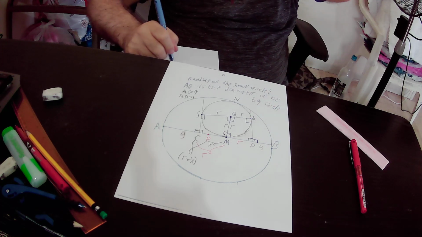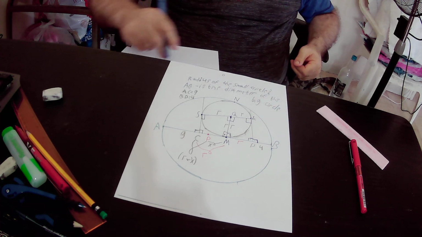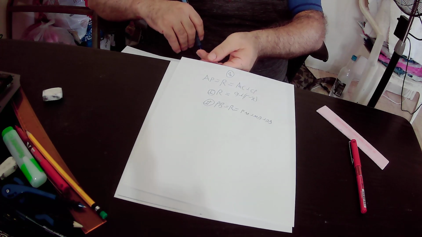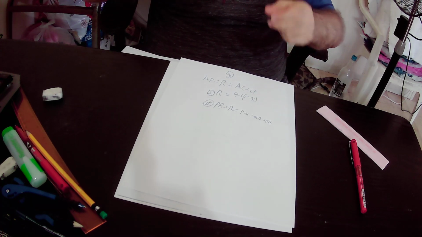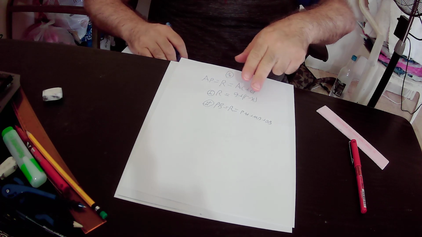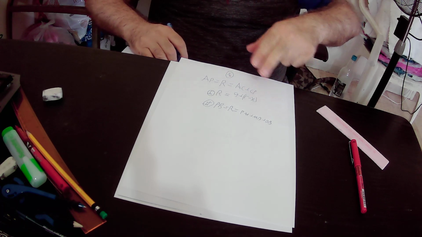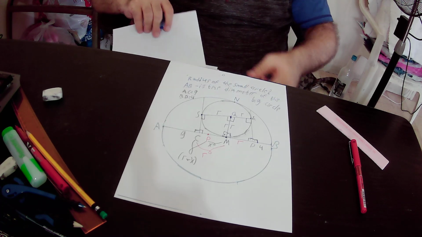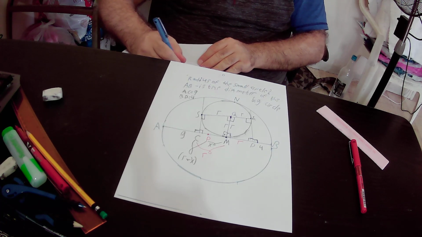Okay, so PB, that is the radius of the big circle, equals PM plus MD plus DB. But what is the value of PM?